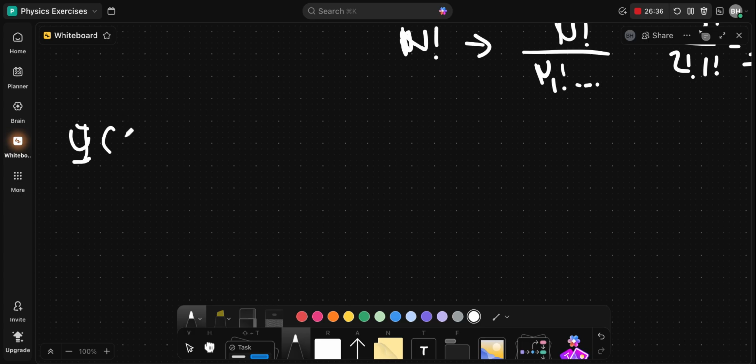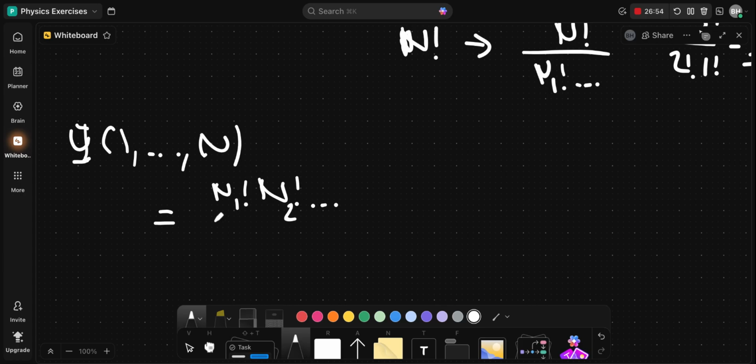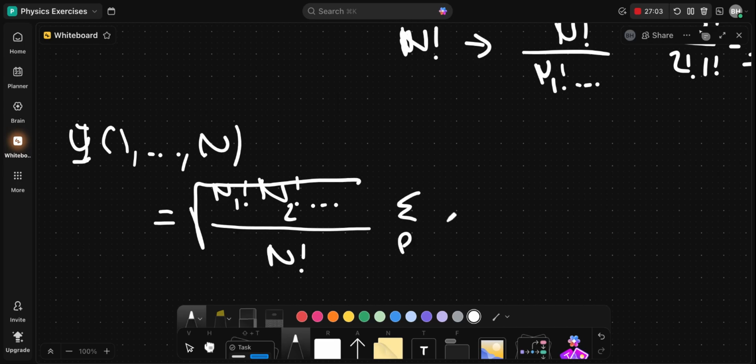So it has n particles, and in general, a bosonic wave function. Sorry, apologies, I can fix that. It is 1 and 2, etc., factorial divided by n factorial, square root, sum over p.